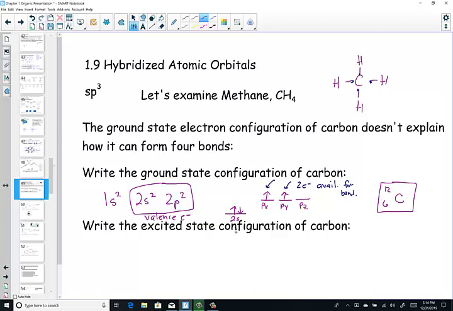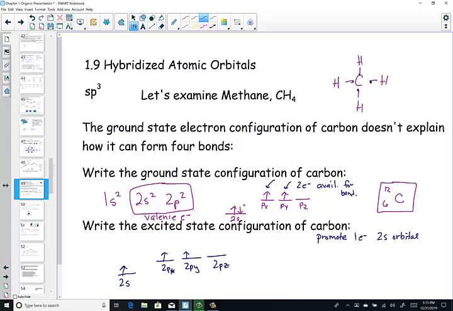When we write an excited state configuration, we're going to promote 1 electron from the 2s orbital into the empty orbital of the carbon's 2p sub z. So a moment ago, I had both electrons in the 2s, and I had 2 electrons in the 2p sub x, 2p sub y, 2p sub z.